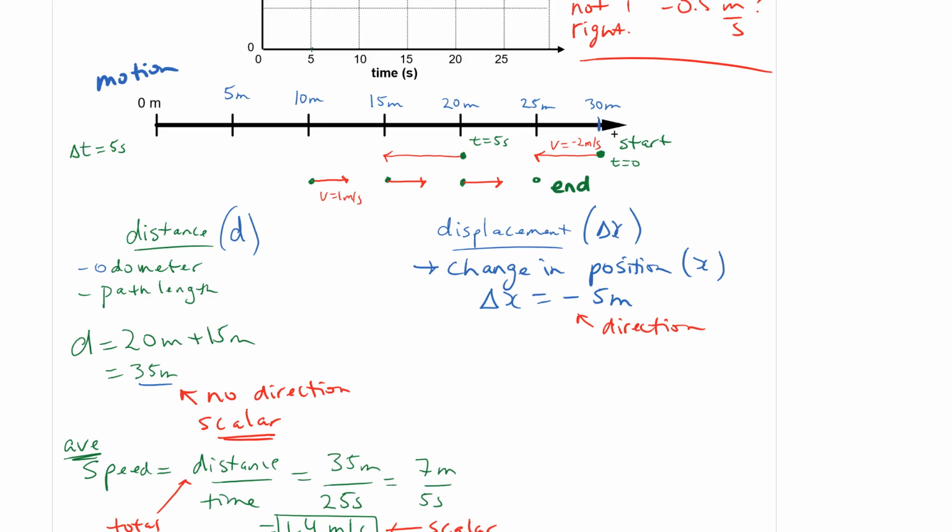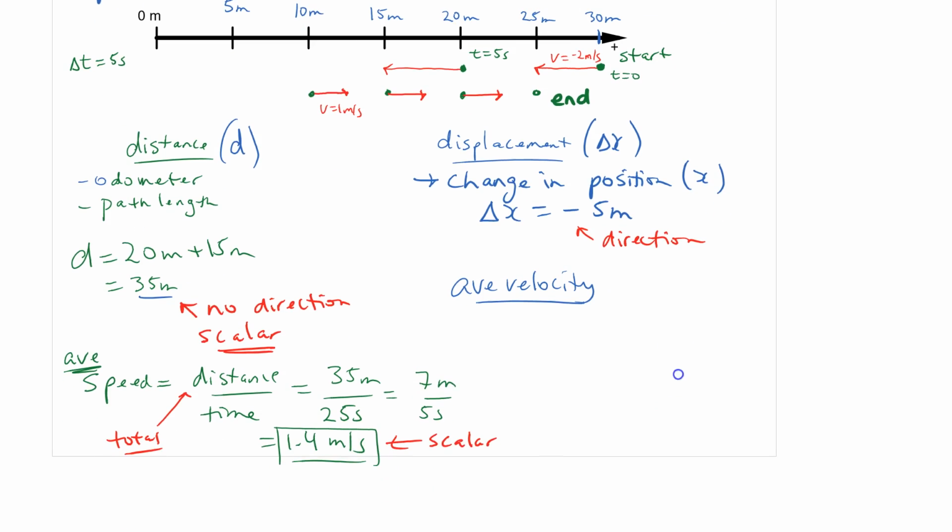Okay, so now here's the big thing that you're looking forward to: how do you figure out average velocity? So we'll say average velocity. It's not the two velocities added together. Just like how we did average speed was the total distance divided by time, this is going to be equal to my total displacement divided by the total time.